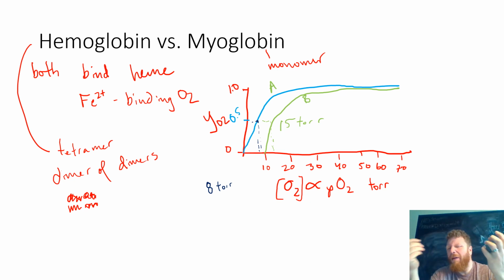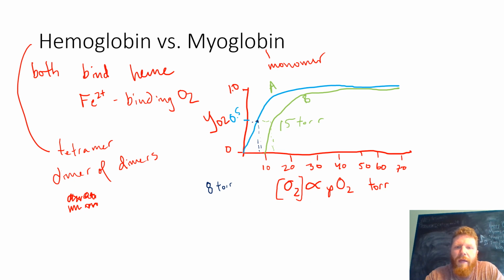And it's easy to look at this as good or bad because we need oxygen to survive, and so if you need a lot of oxygen to reach 50% occupancy or 50% saturation, that's not quite as good as where you need a very small amount of oxygen to reach 50% occupancy or 50% saturation. So that's kind of the key points of myoglobin and hemoglobin.